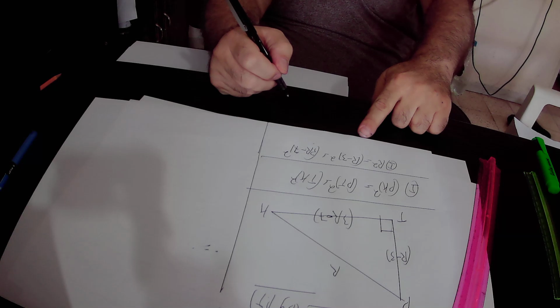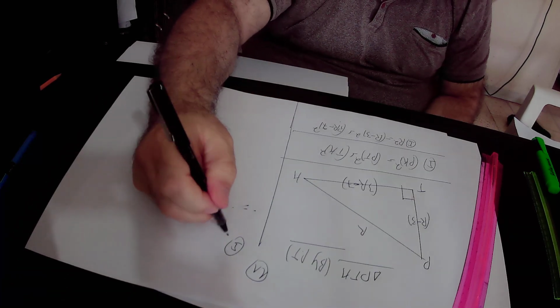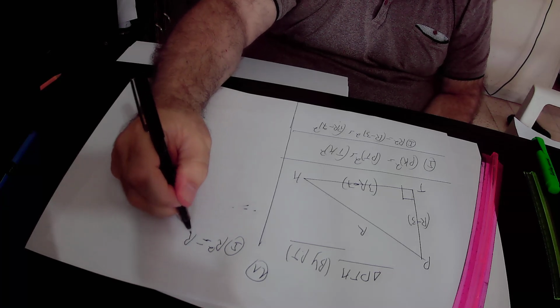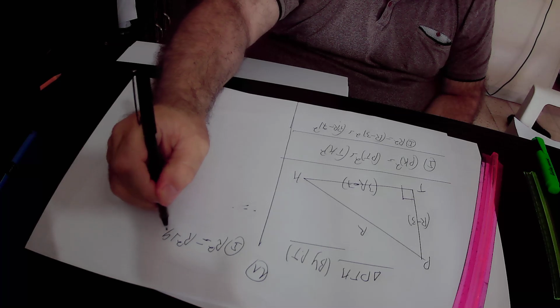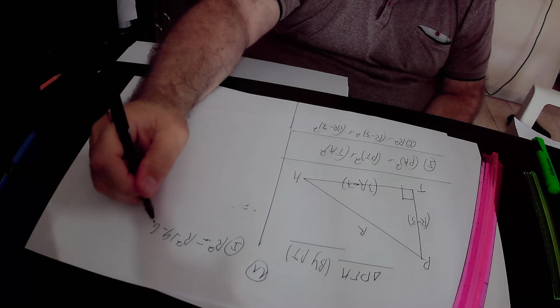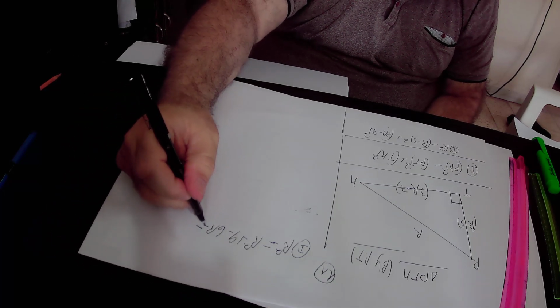Here we'll open the brackets on this side of equation number 1, and we get that R squared equals (R minus 3) squared, which is R squared plus 3 squared, that is 9, minus 2 times R times 3, which is minus 6R, plus (3R minus 7) squared.